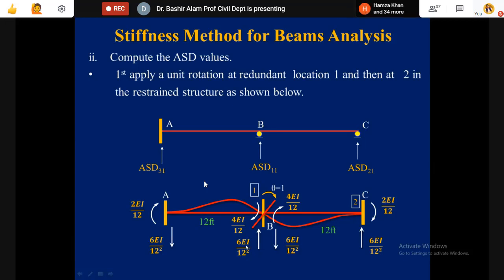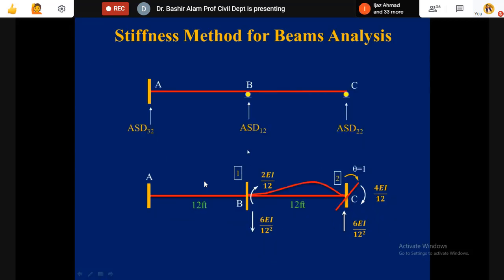This is now plus 6 EI or this is minus 6 EI over 12 square. So this is 0. This is 6 EI over 12 square and this is minus 6 EI over 12 square. So first column, that quickly you can complete. And from where these values are coming, this is the same from where we generated the S11 and S21, where the theta was applied corresponding to D1.